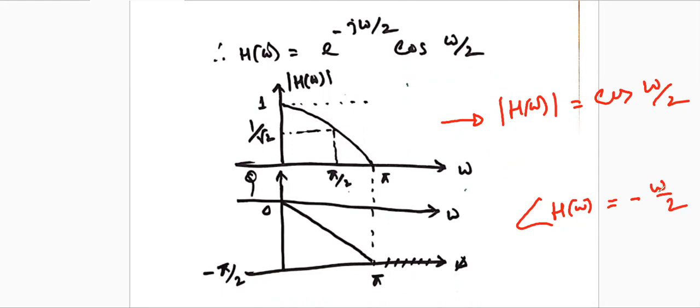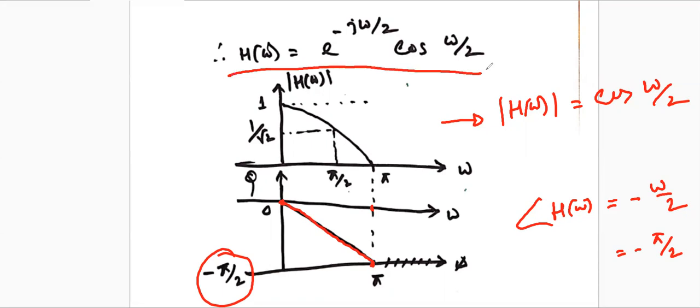So at omega equals 0, of course, it will be 0. At omega equals pi, what will be the value? Minus pi by 2. And since this is a linear function, you can draw a linear straight line like this. So that is the phase response of this kind of filter.